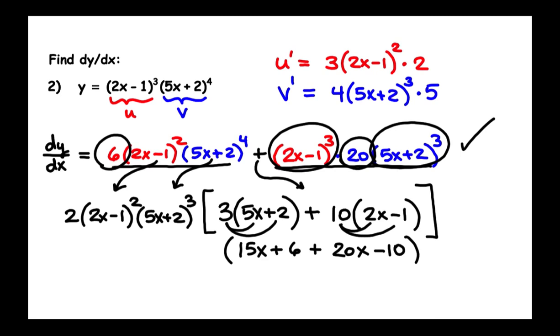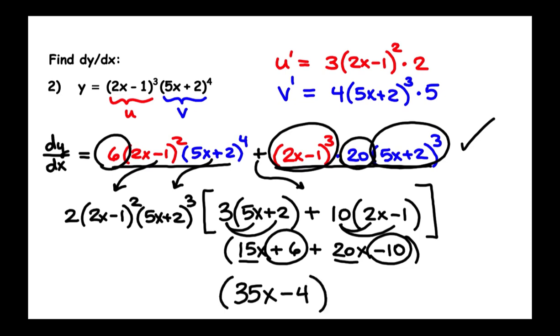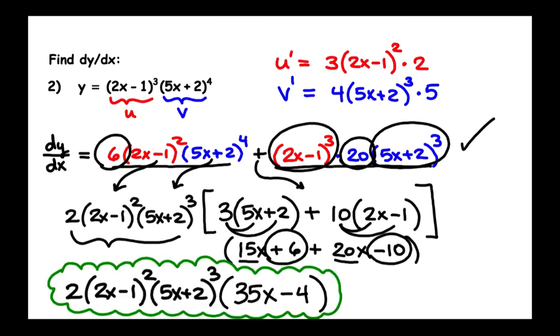Let's start with the x's. 15x and 20x. That's 35x. Plus 6 minus 10. Minus 4. And all this stuff can drop down because it's already made the final answer. Don't forget about it. And that is the answer that we would expect you to get.